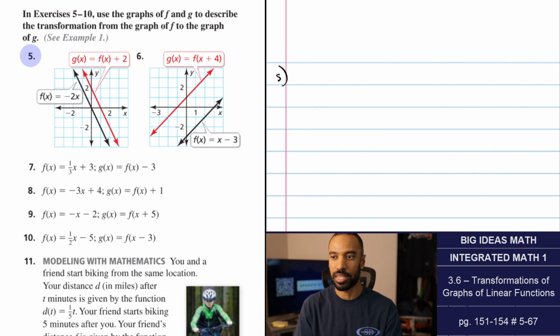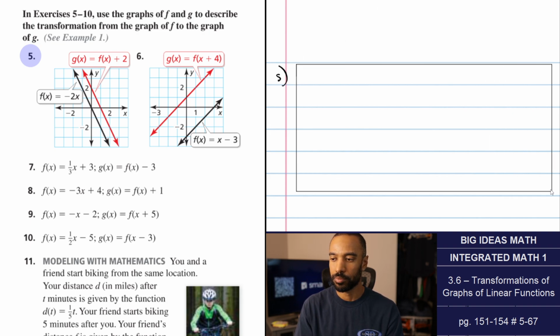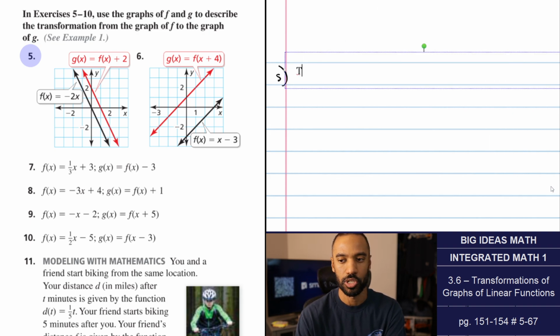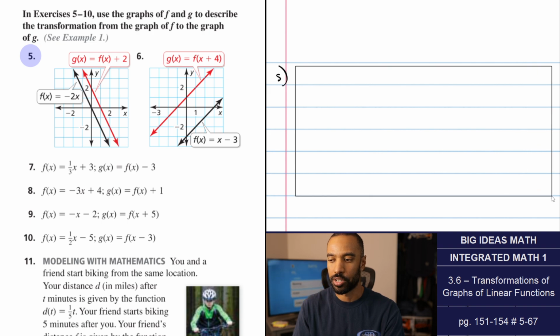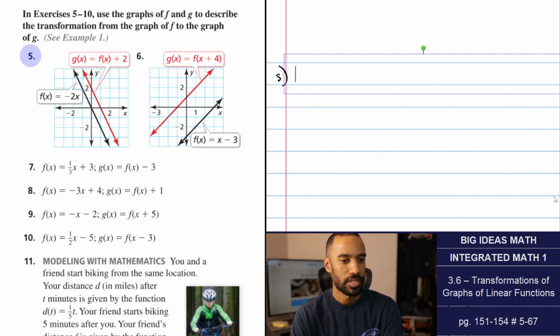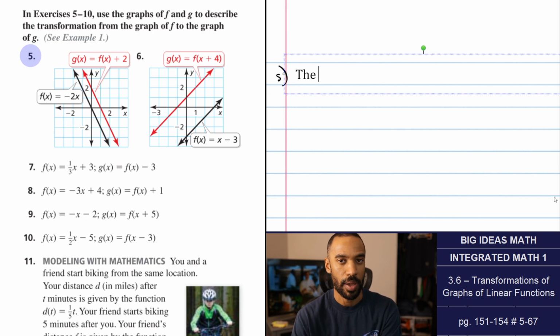So all I'm going to state here is the graph of g, and this is how I'm going to start most of what I state. I'm going to say the graph of g, the graph of h is a, and then we're going to state what it is. When there's a plus 2 right there, that's like a plus k, we're affecting our y values by adding 2 to them.